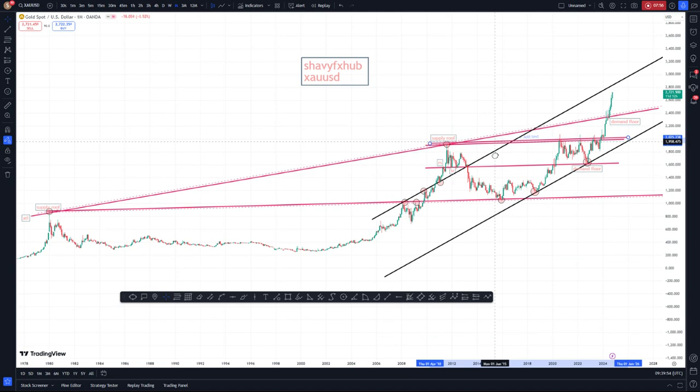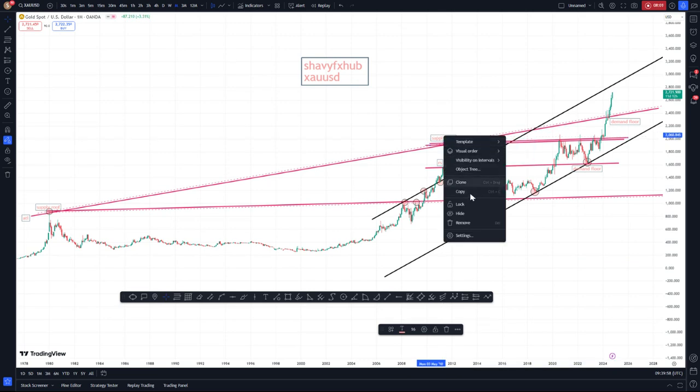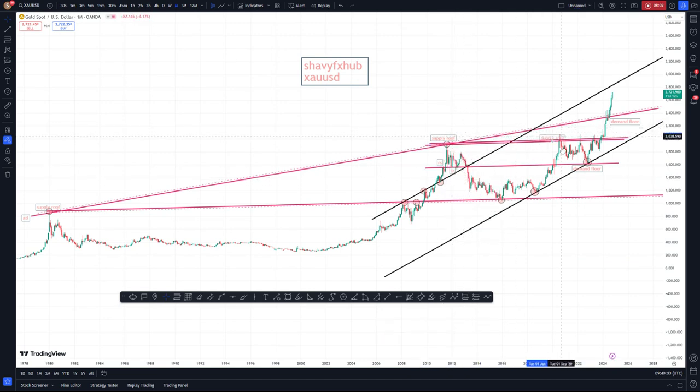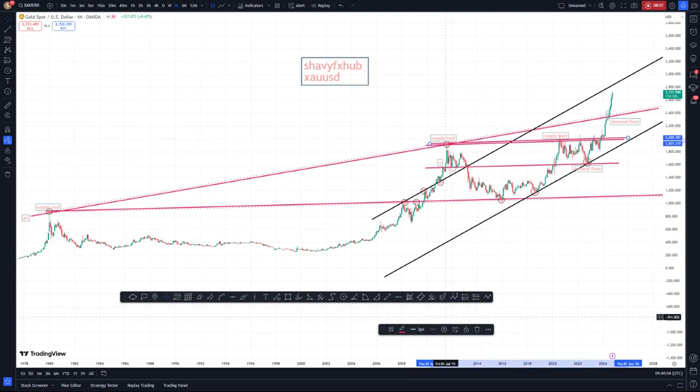Ladies and gentlemen, this rectangular roof has served as a supply roof that has stopped price numerous times. Every time price makes its way to the roof, it gets rejected because it is a supply roof. So until it turns supply to demand, you are not going to have any headway.